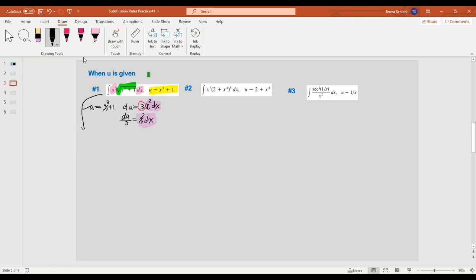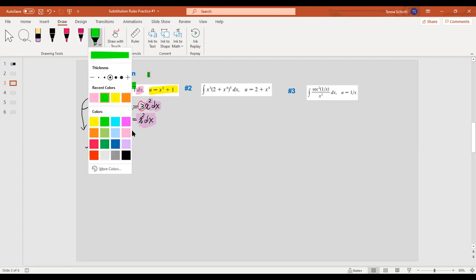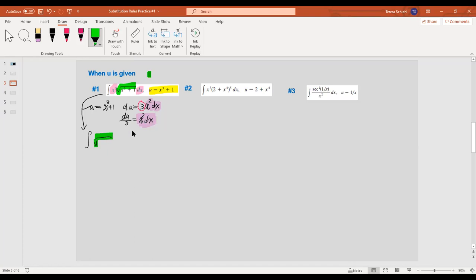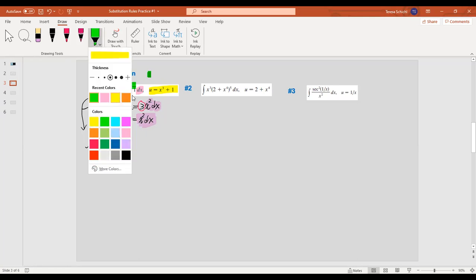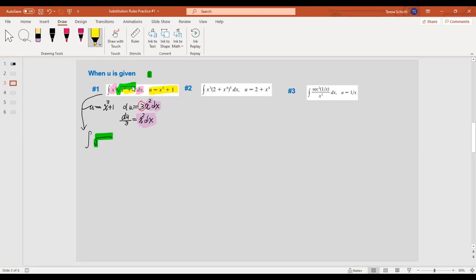Okay, so now in this integral, we know the function we are looking for is the square root, the one we highlighted in green. So this green is the function. Now we substitute inside: u is x cubed, so u goes here. And those light purple terms, x squared dx, is du over 3.